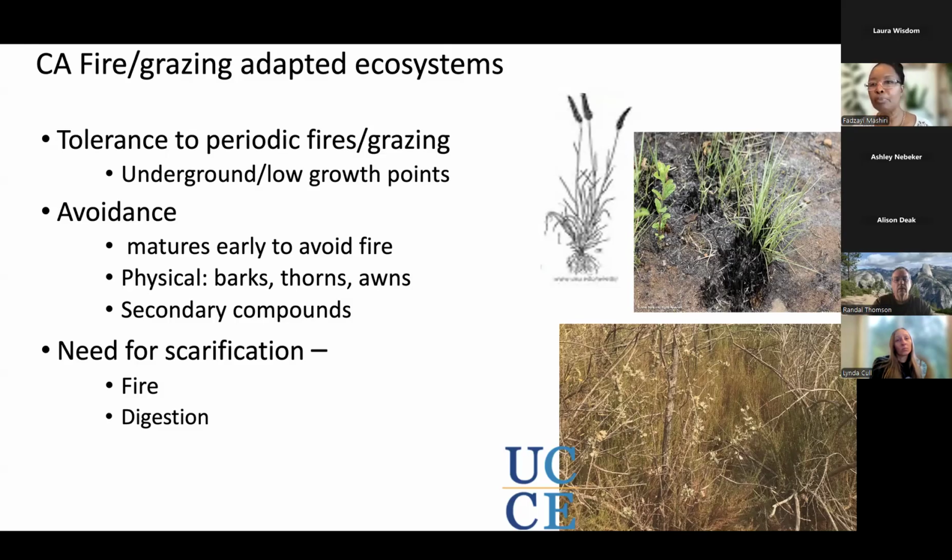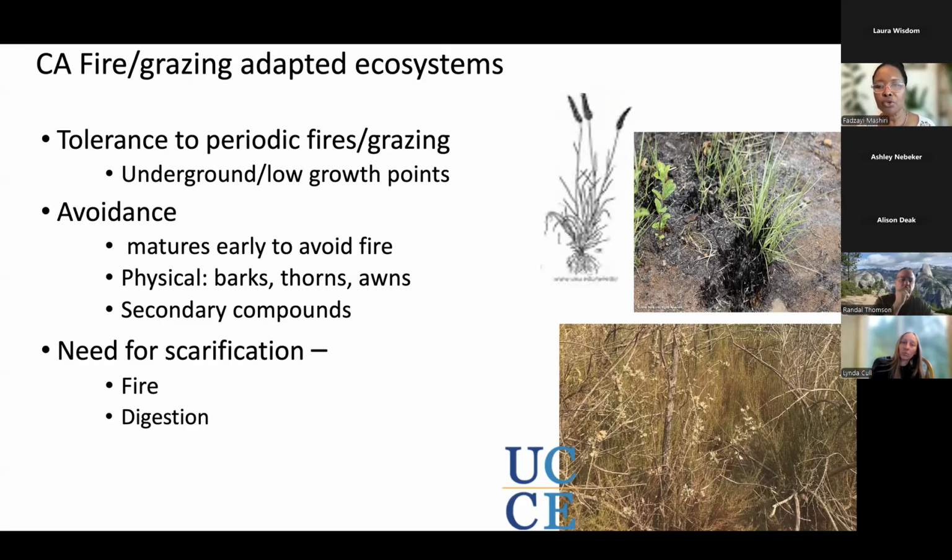Most of the grasses in California mature early so they can drop the seeds early and avoid losing the seed bank to fires. And then there are trees that have thick barks or thorns that prevent them from being grazed intensively, or grasses that have thorns that also prevent animals from grazing them extensively, so they can survive and produce the seeds and survive into the future.